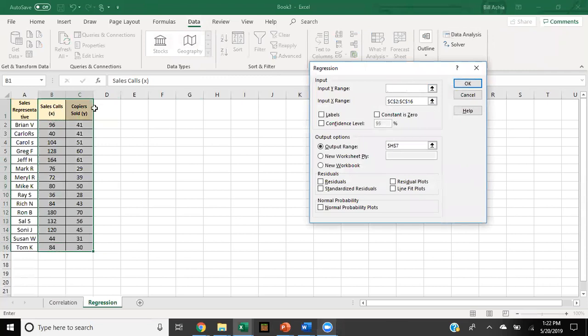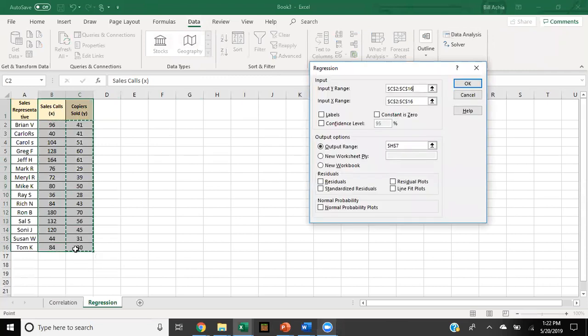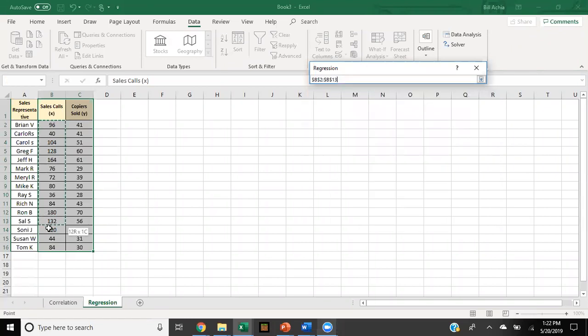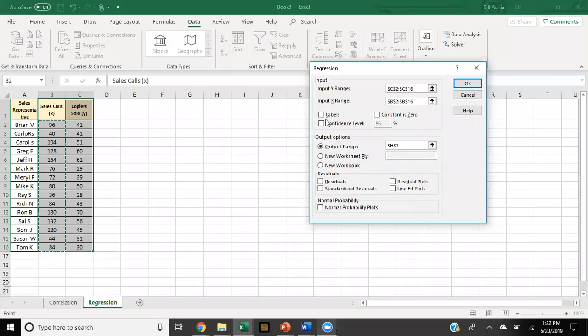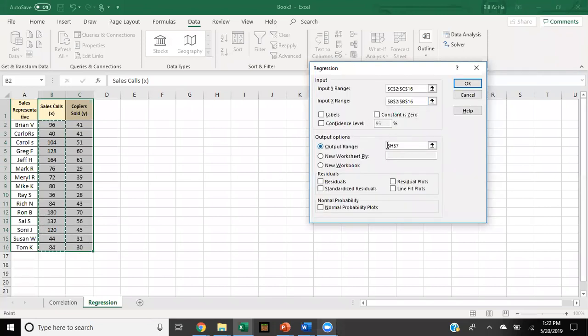First, I'd input my Y range, which would be this data set right here, this column, and my X range is a sales column. Okay, and I'm going to have my output range on the same tab. So let's, wrong place. And output, let's have our output in H. Okay.